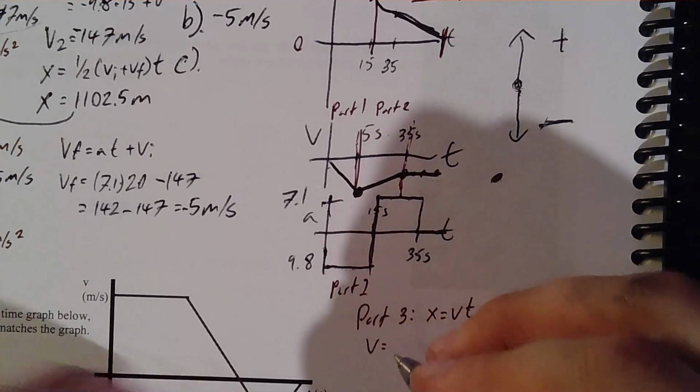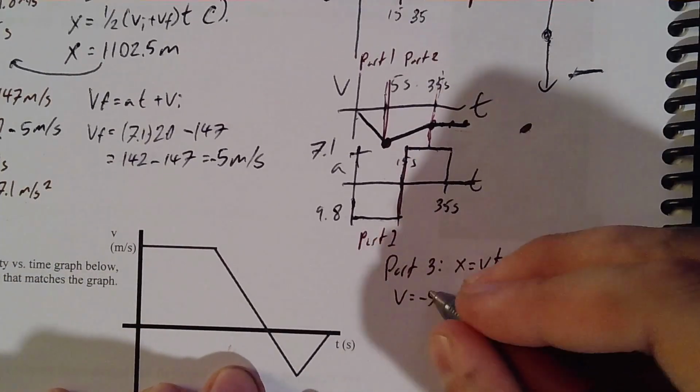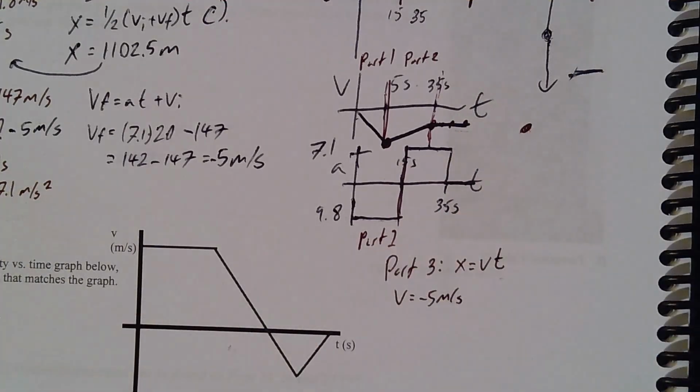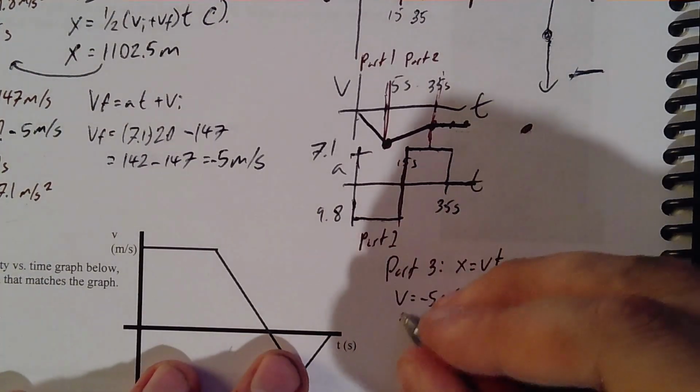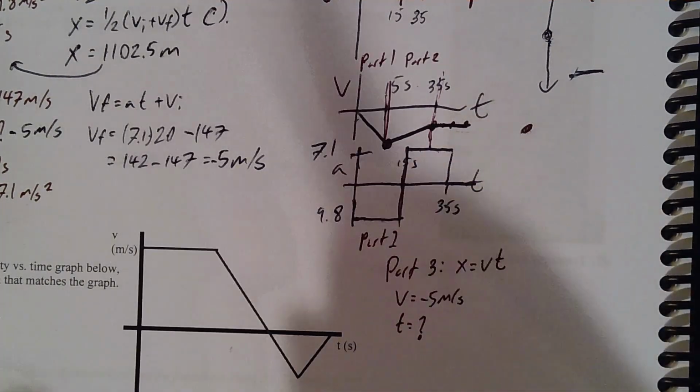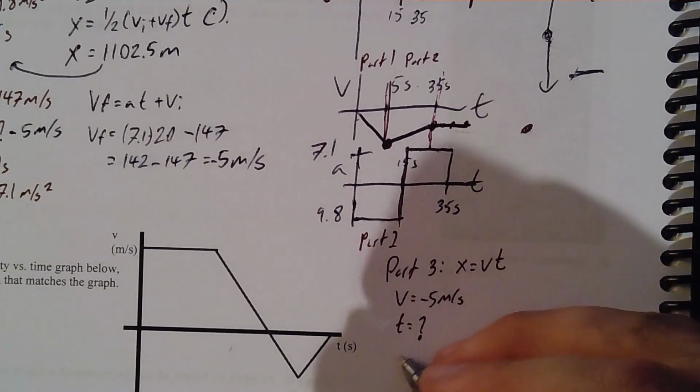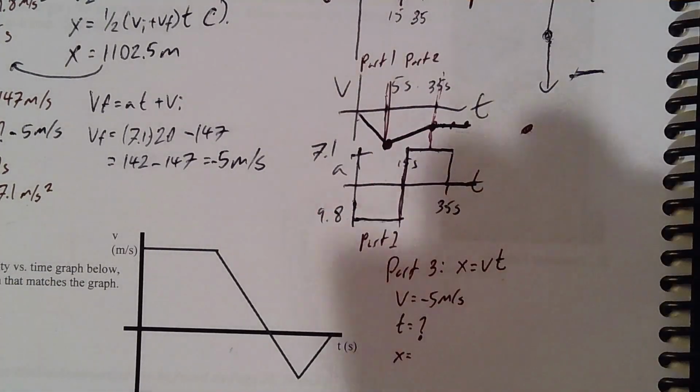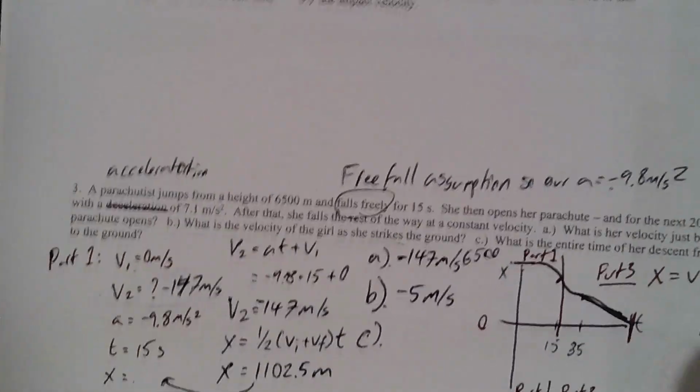V is equal to negative 5 meters per second. We know we're looking for our t. This is what we're aiming for. What we don't know is the distance that she travels over this time. And this right here is what we're going to have to go back to those earlier parts and get some more information on it with.